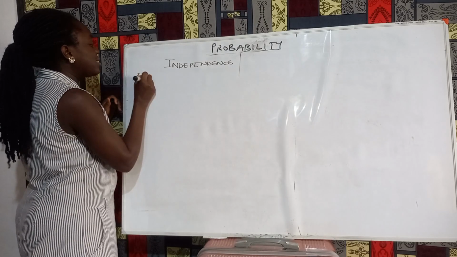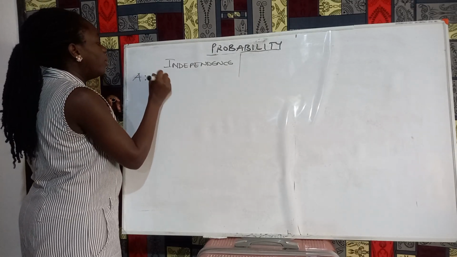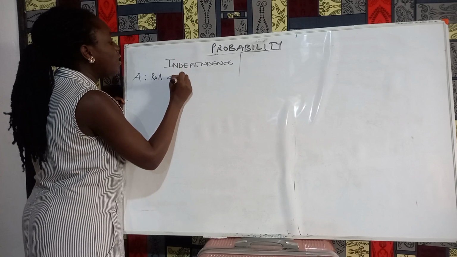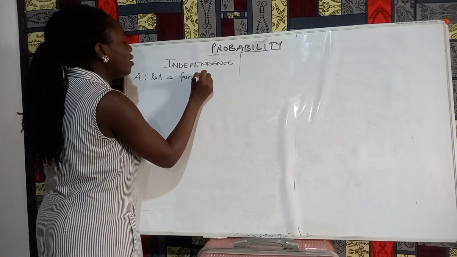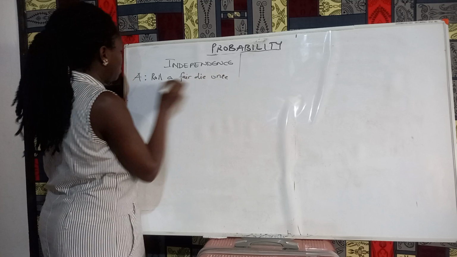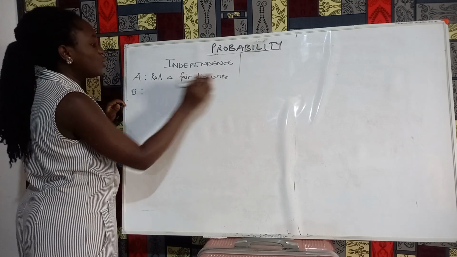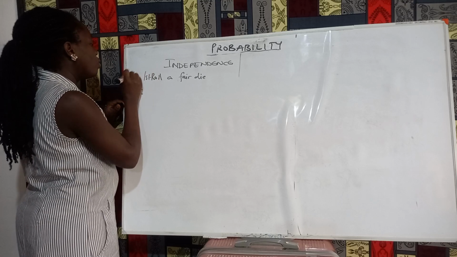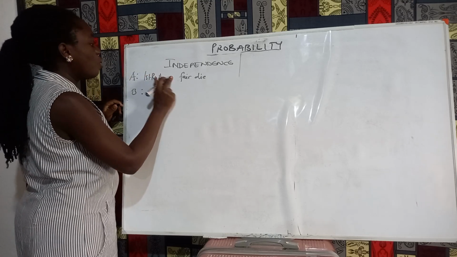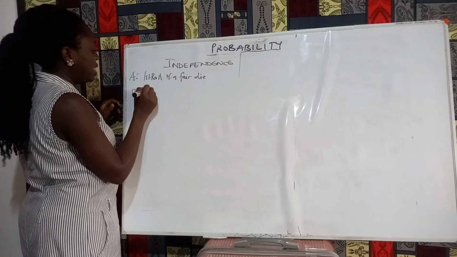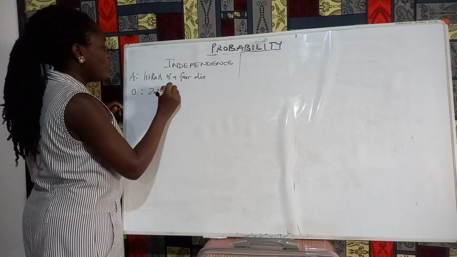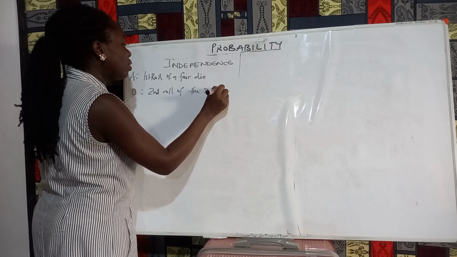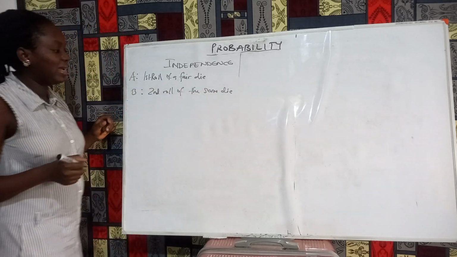So we define A as the first roll of a fair die, and B as the second roll of the same die. It's a six-faced die.